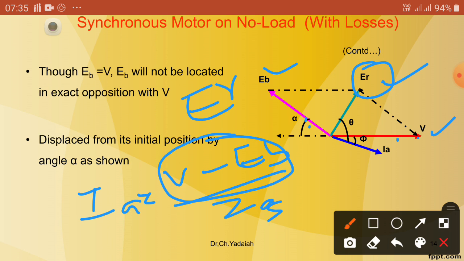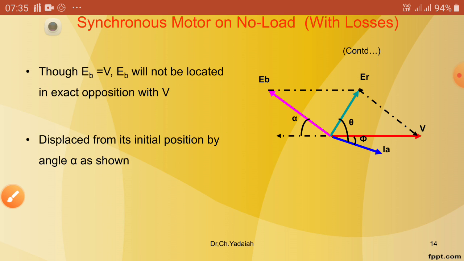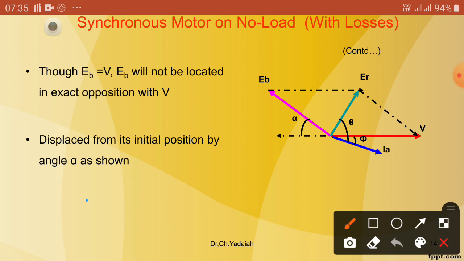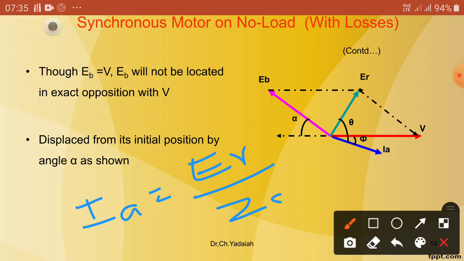Now we can write IA is equal to ER, the resultant voltage, by ZS. So IA ZS is equal to ER.